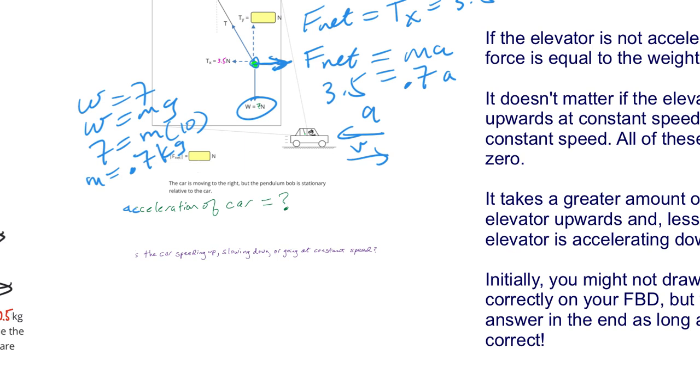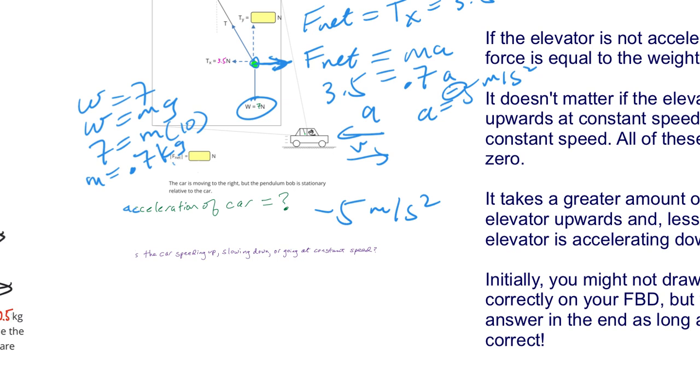So the acceleration of the car is equal to 3.5 divided by 0.7. So that comes out to 5 meters per second squared. Actually negative because it's slowing down. When you do a dynamics equation, you don't put the negatives in until you get to the answer. So acceleration of the car is negative 5 meters per second squared.